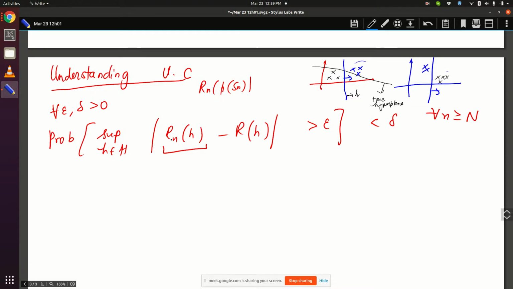So here the error was 0, here the error will be 1. My god, people are not saying anything. Yes, sir, it's clear. Okay, so this is the source of randomness. For different samples S_n, this error can change. This is where the randomness comes from.